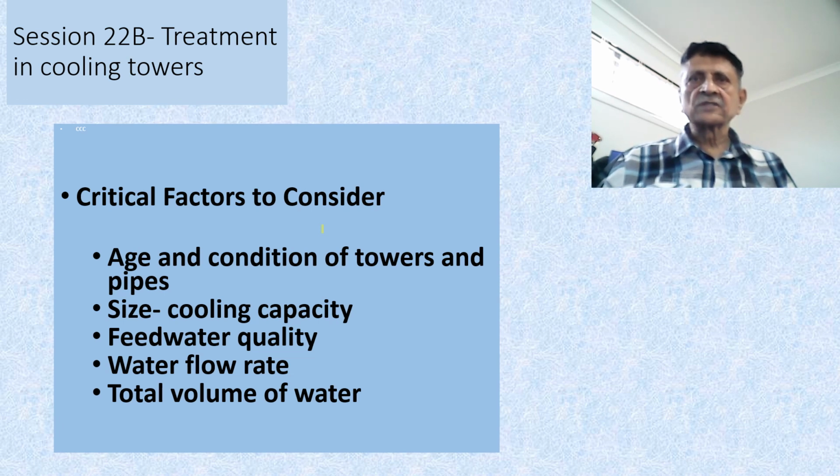Then that goes to the total volume of water. Now the volume of water will obviously be higher on very big cooling systems compared to the smaller systems, simply because we need that quantity of water for the transfer of heat.